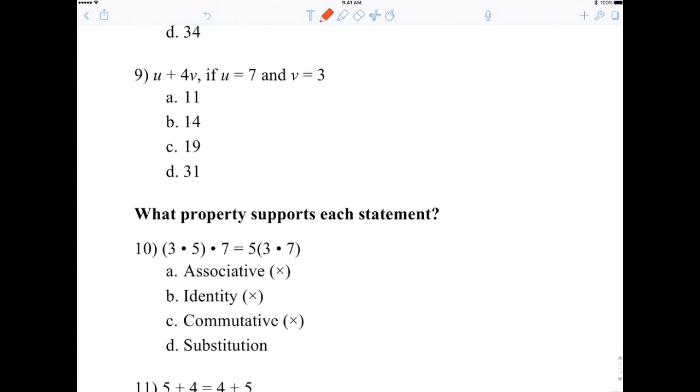Uh-oh, now we have a little bit of a problem here because it's U plus 4 times V. I want you to write 7 plus 4 times 3. Because we're excellent at order of operations, we know the correct answer has to be 19, which is C. Don't forget, you're going to do the 4 times 3 first.